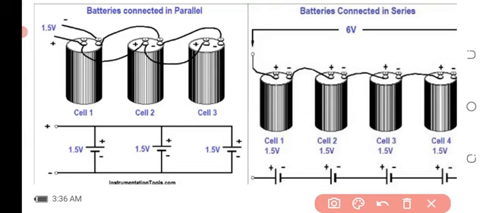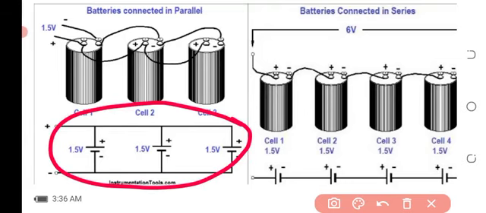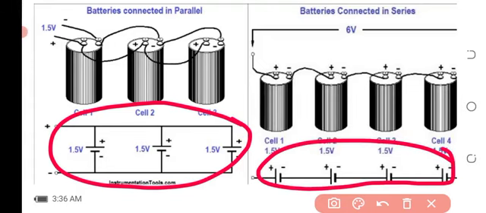And you can see the diagram of parallel connection of cells and the series connection of cells as well.